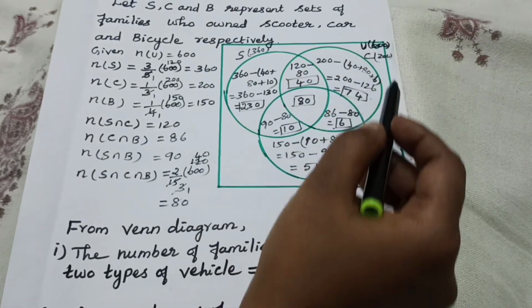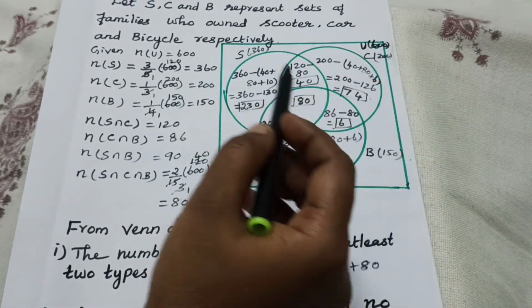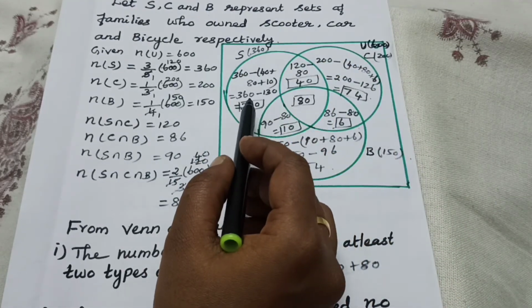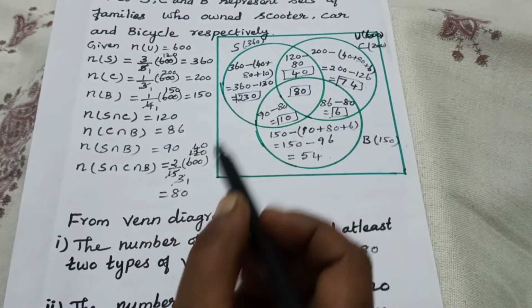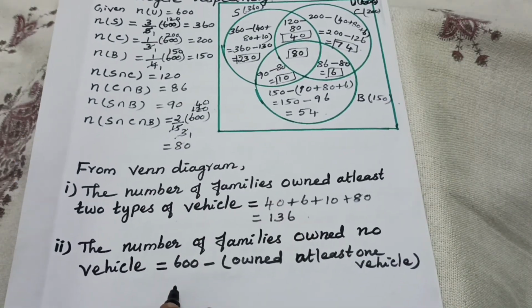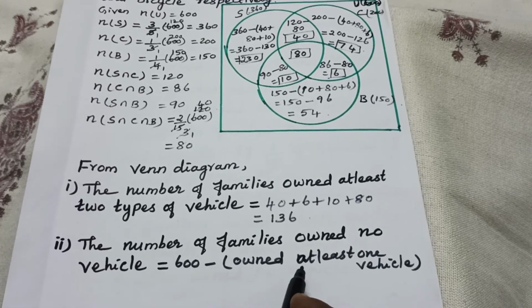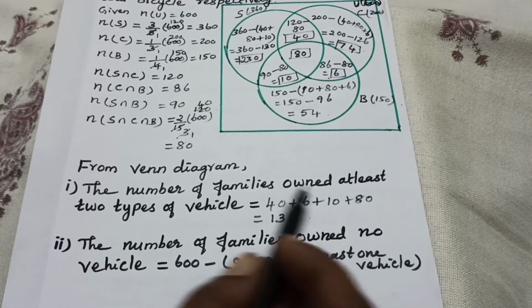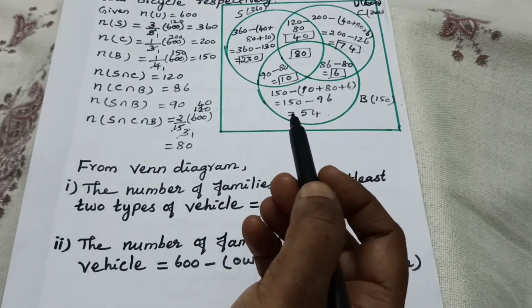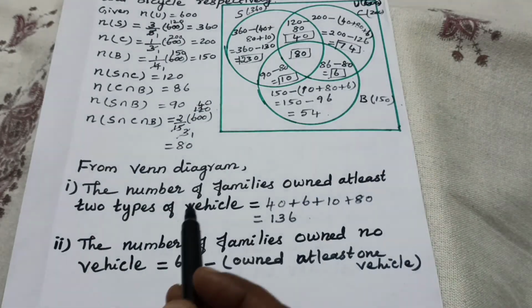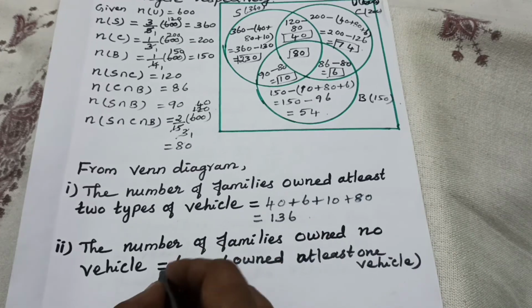Okay, then here total 600 families, from here we have to subtract this fully. That means 600 minus own at least one vehicle, means one vehicle, then two vehicles, how many of them are using, 3 vehicles, how many of them are using, 3 also we have to add.